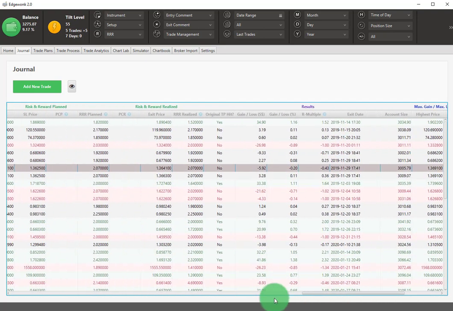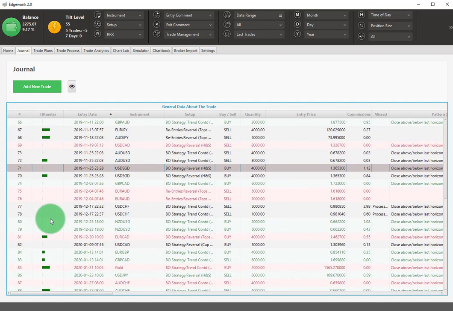I mentioned it in the last videos, the information that you get from entering your trade entry, exit, and trade management comments is going to be very, very helpful going forward. It's a very quick way of improving your knowledge about your trading. It's a very quick way of improving your data quality in Edgewonk in general.